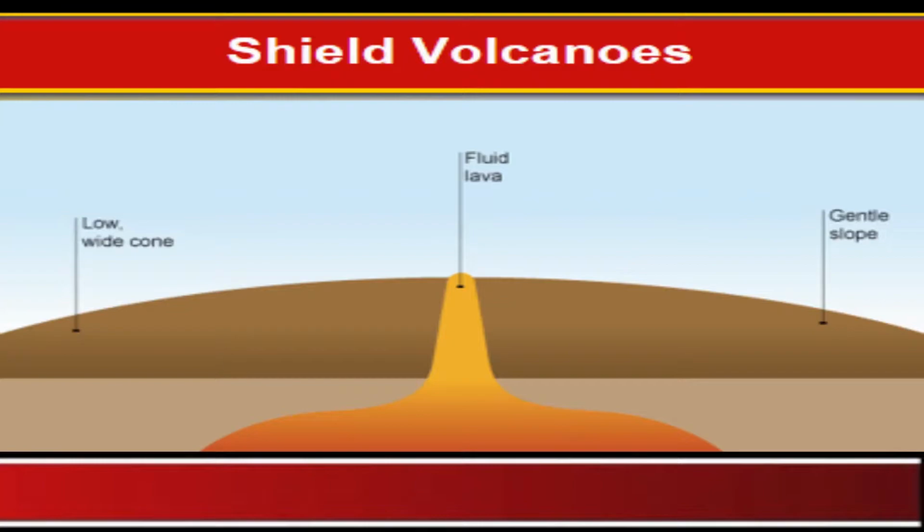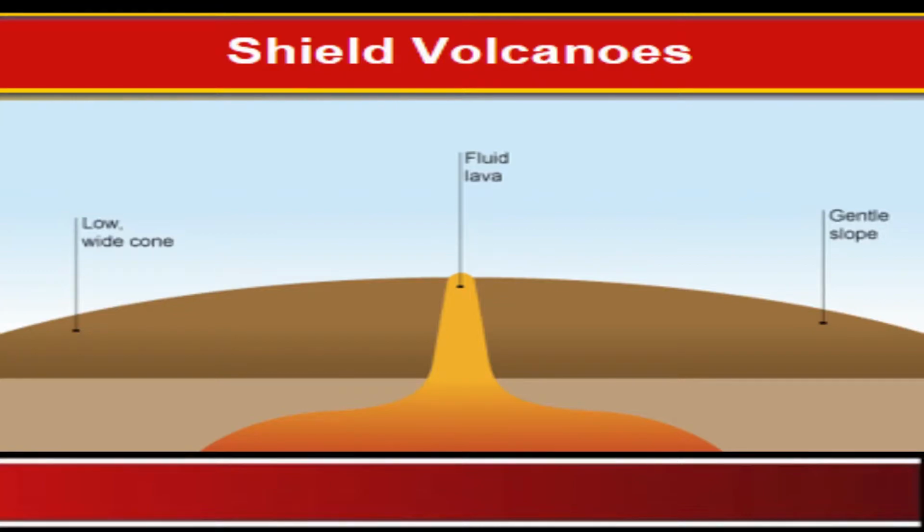Viewed from above, it looks like a warrior shield, hence the term shield volcanoes. Slightly raised in the center with long, gently sloping sides, as you could see in this illustration.